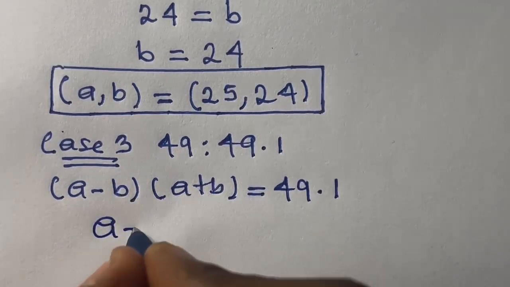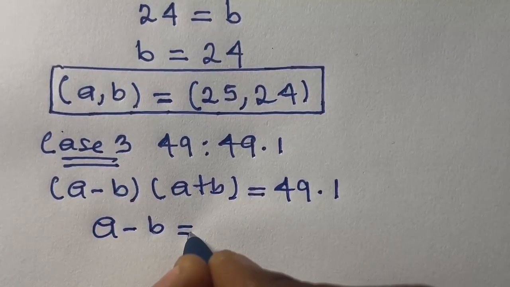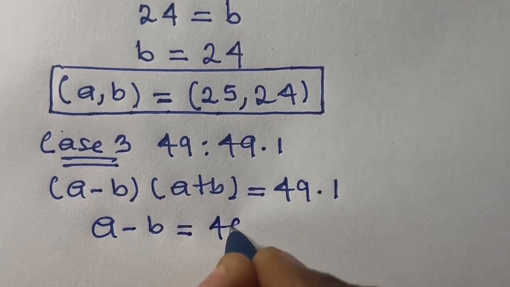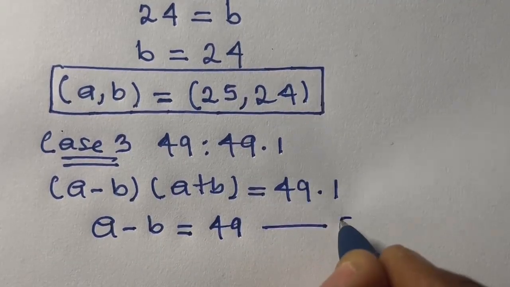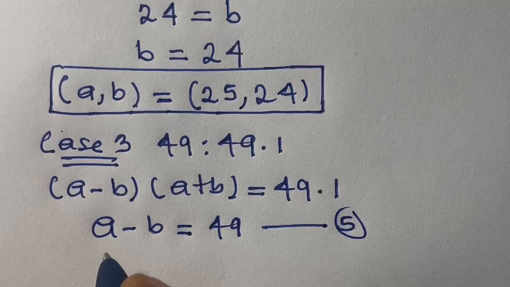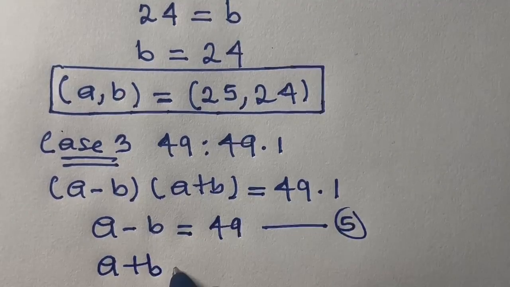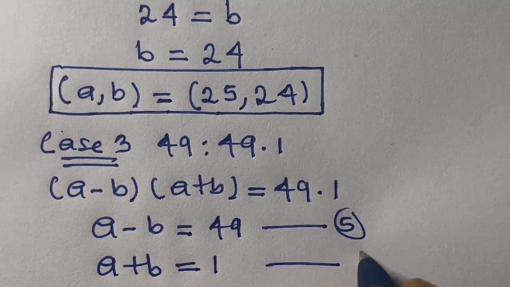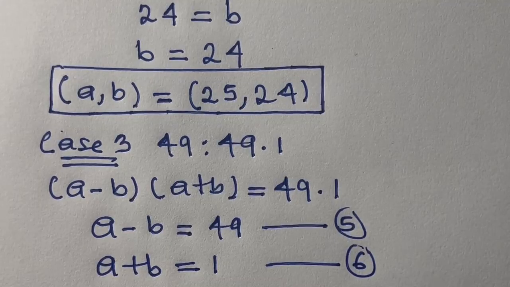Following the same approach, a minus b equals 49, name this as equation 5, and a plus b equals 1, let this be equation 6.